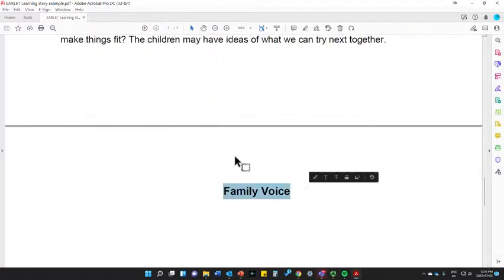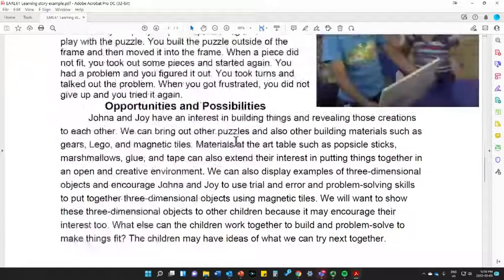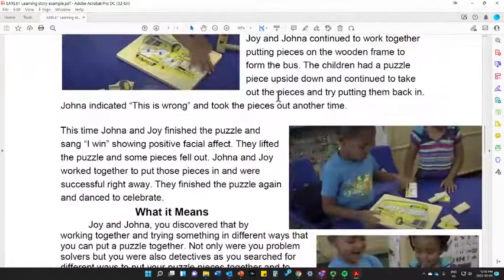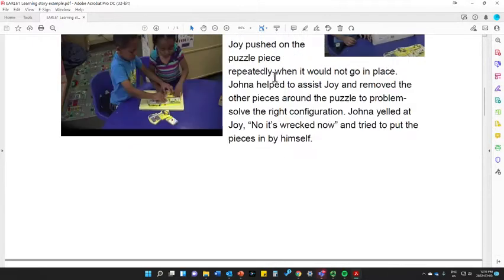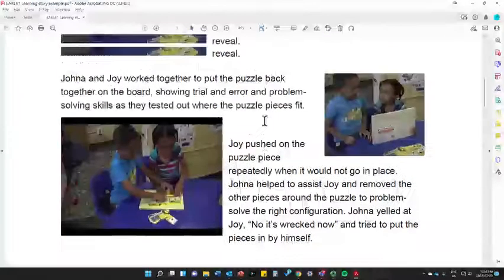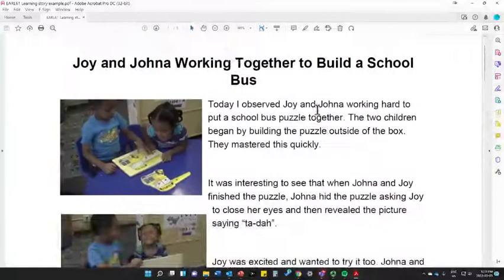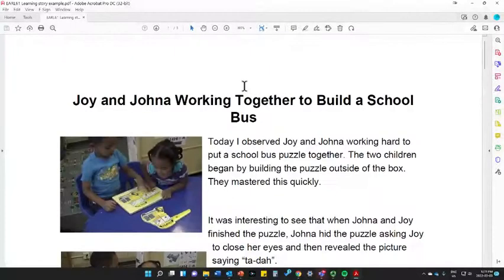And then you have the blank page with the family voice. Okay, so you can see how easily this can be put into a PowerPoint, like if you took the pictures and put it there and then you had the captions underneath. This is just another way to do it. I find this way, in working in the field, an easier way because you have two or three pieces of paper as opposed to a whole 20-piece PowerPoint presentation.